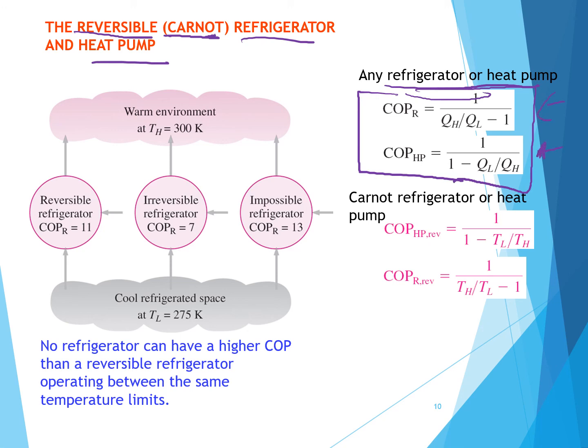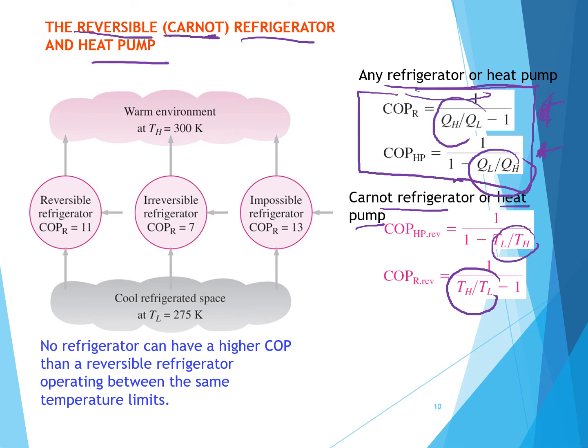And based on the thermodynamic temperature scale, we can replace the ratio of heat with the ratio of temperature. So we just replace it here and we have a new expression for Carnot refrigerator and Carnot heat pump, or perfect heat pump and perfect refrigerator.